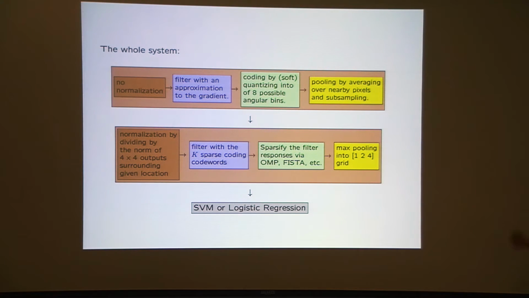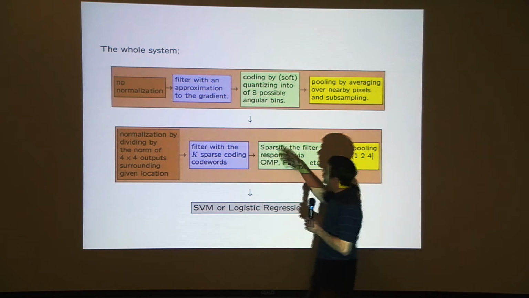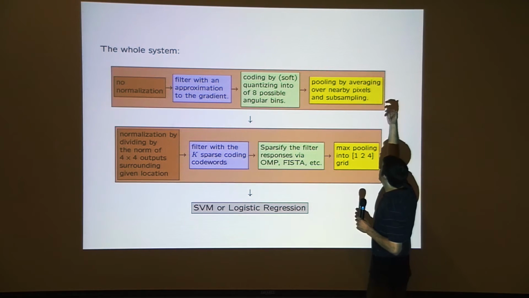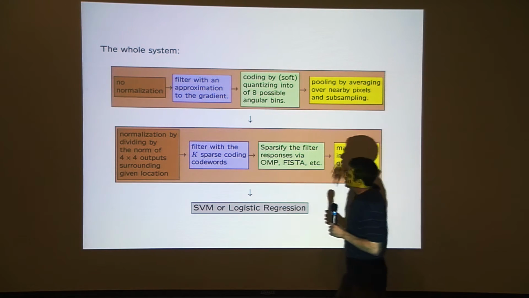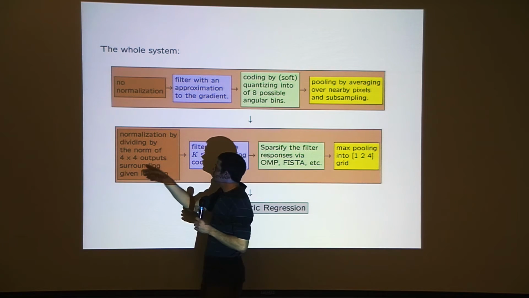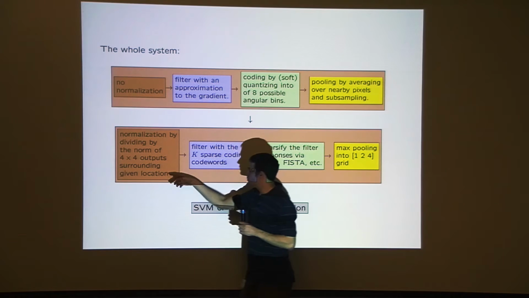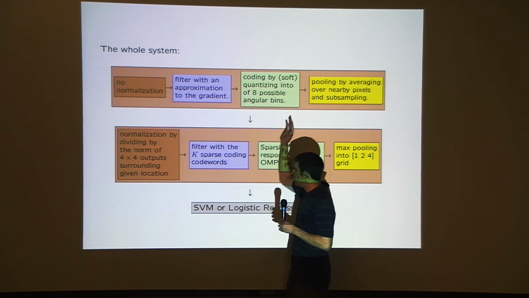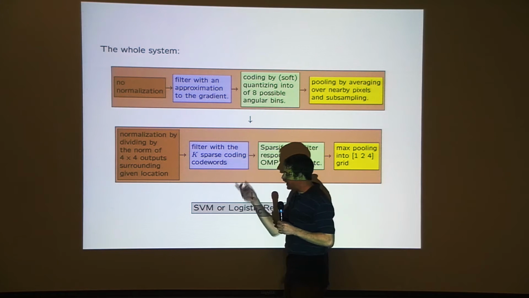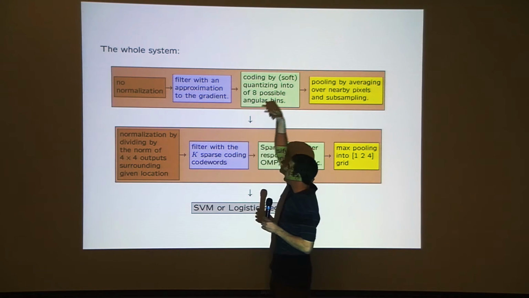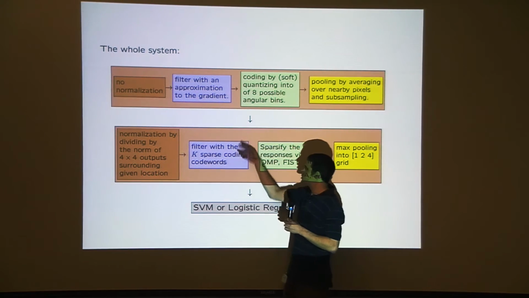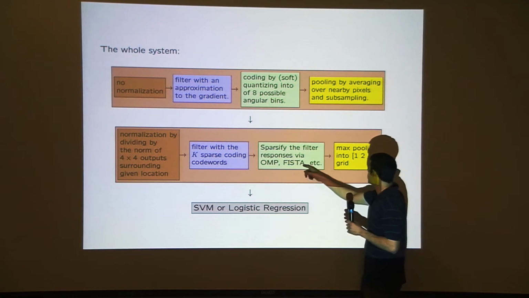So the whole SIFT pyramid system is: you filter, code (again soft k-means), and pool; then for the normalization, it's basically a 4x4 divisive contrast normalization. Then you have a filtering with k sparse coding words. So the first layer is SIFT, the second layer is sparse coding, which is filtering and then some sparsification.